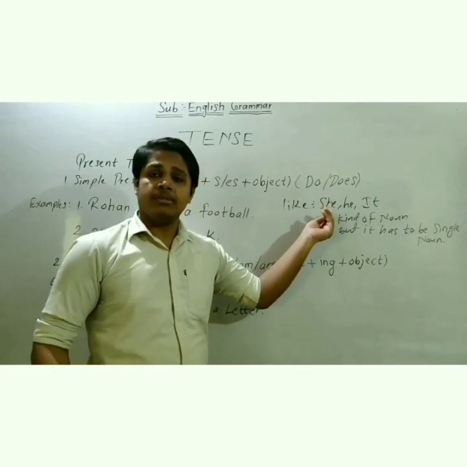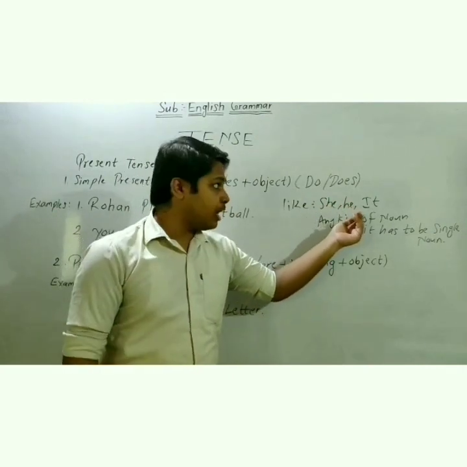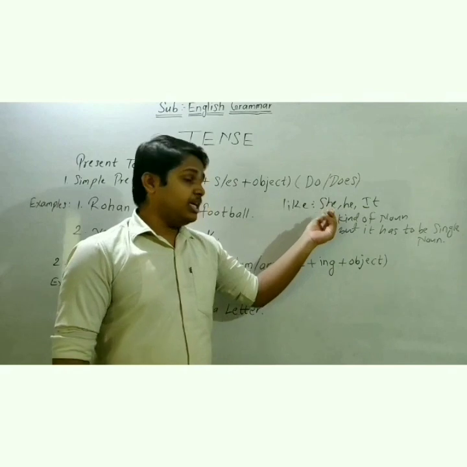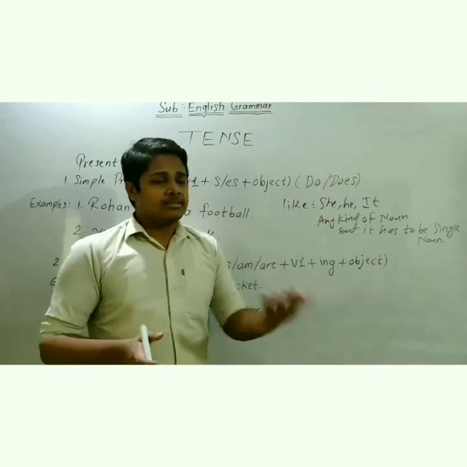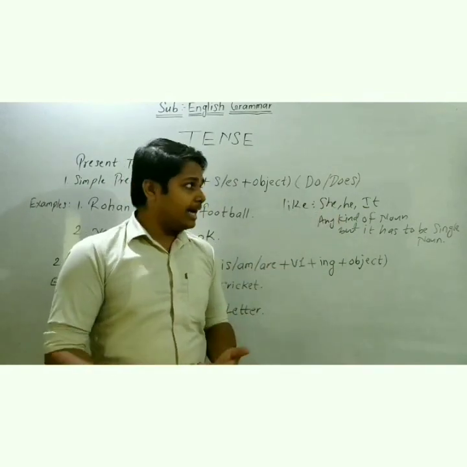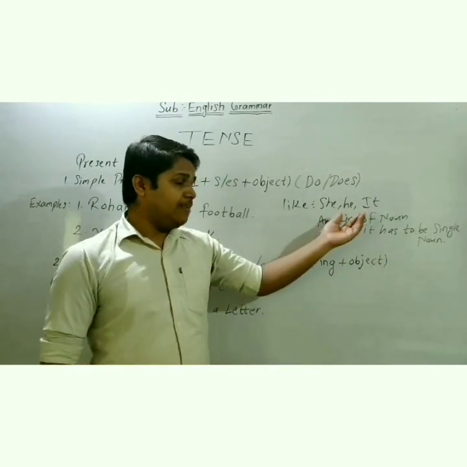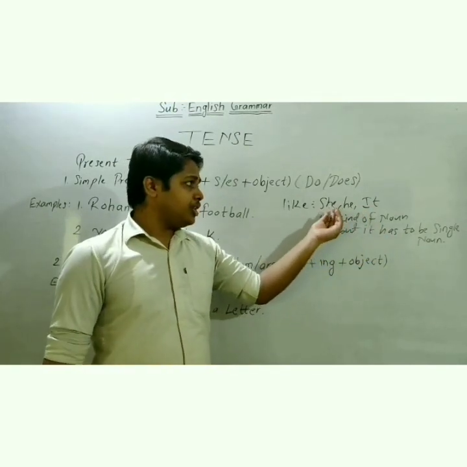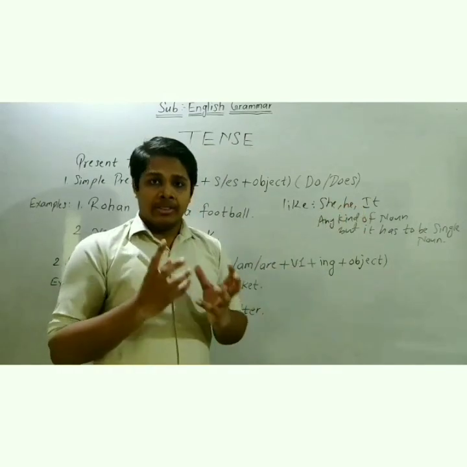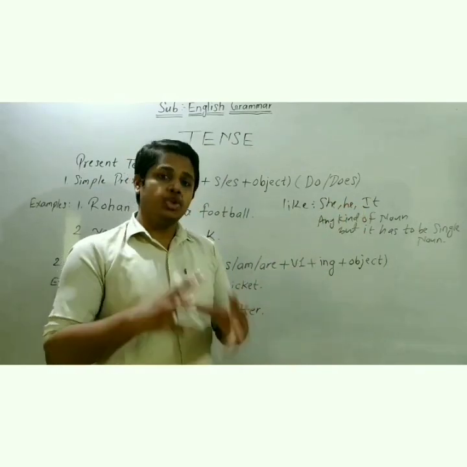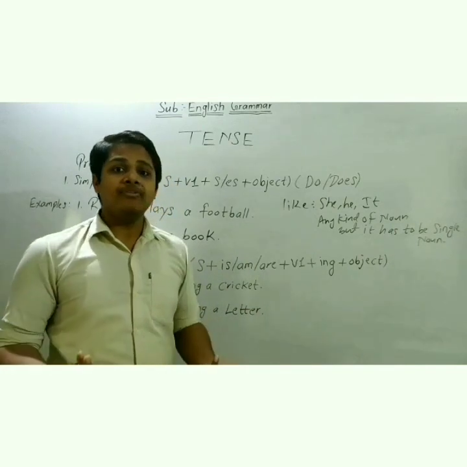She is a pronoun, he is a pronoun, it is also a pronoun. She is used for girls, like Seema, Reena, and he is used for Ram, Shyam, Mohan, and so on. So if in the sentence she, he, or any kind of name is there, then we can use s or es.